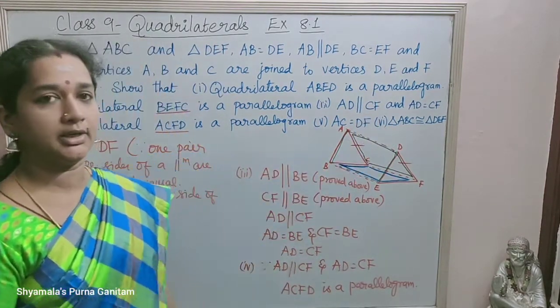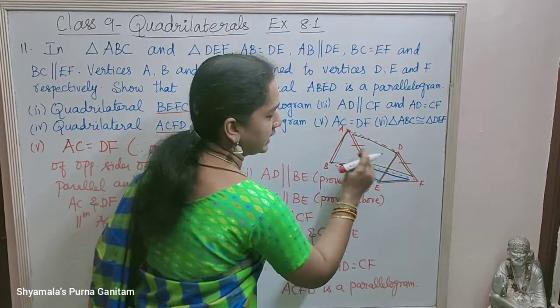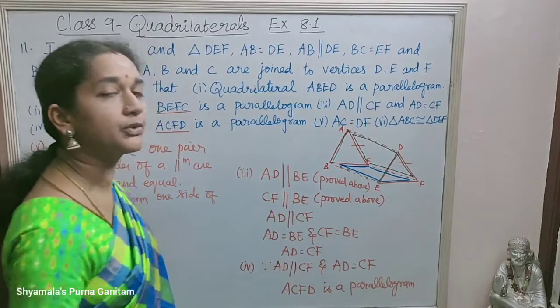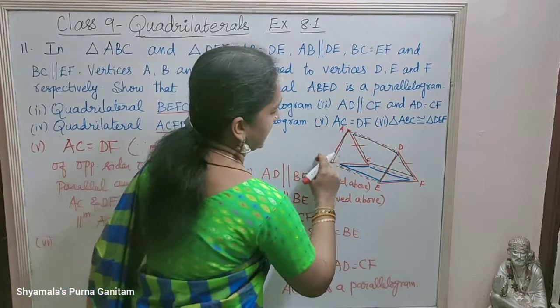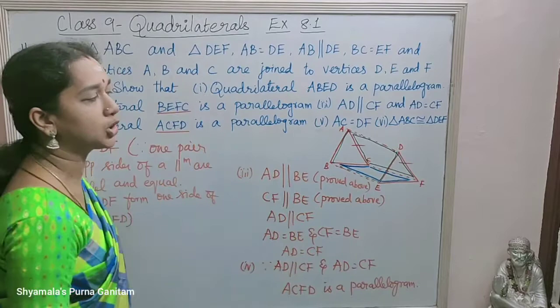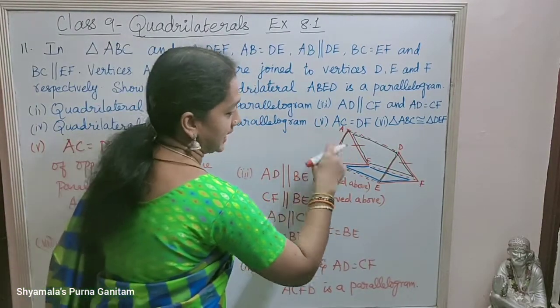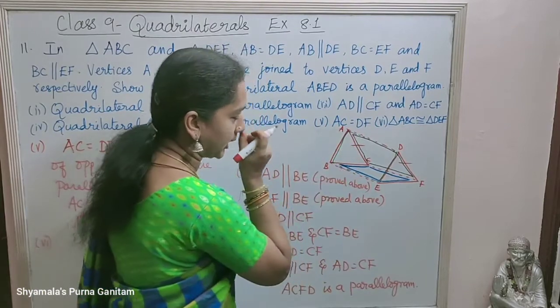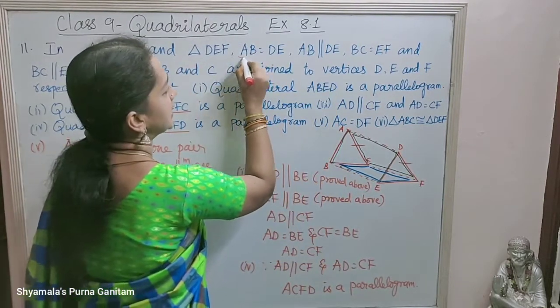Then the sixth one is triangle ABC and triangle DEF are congruent, we have to prove. So ABC and DEF, these two triangles are congruent, we have to prove. So we have proved the sides of the triangle are equal. In the question itself it is given that AB is equal to DE.